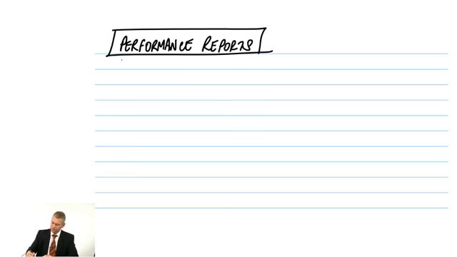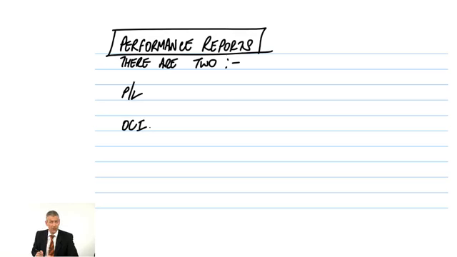Performance reports. There are two: the P&L and the OCI. Together they create what is called the SPLOCI, the Statement of Profit or Loss and Other Comprehensive Income.